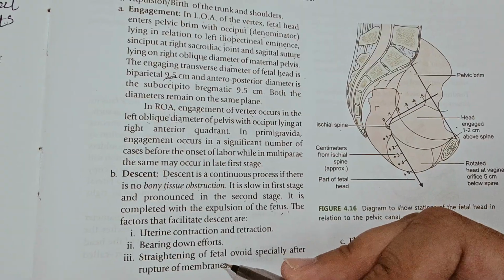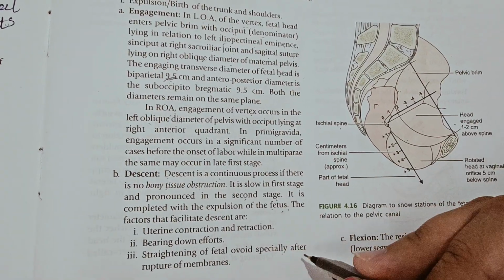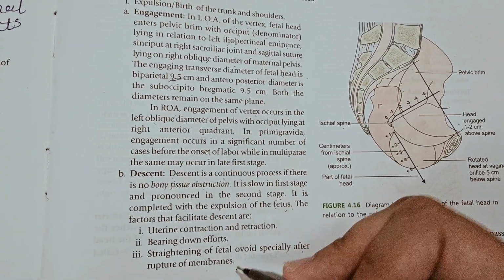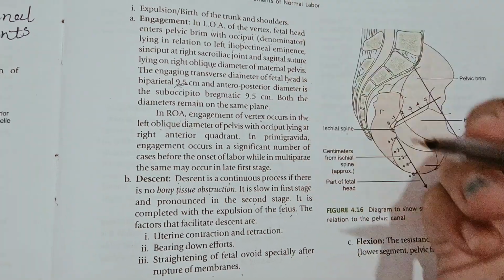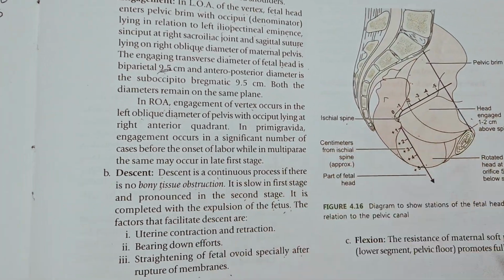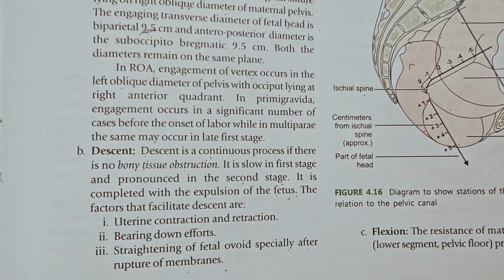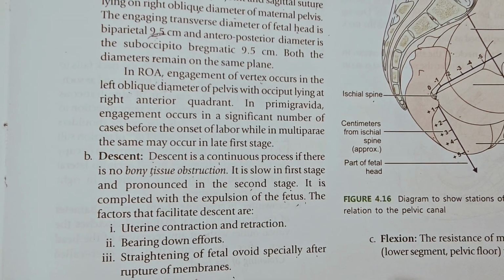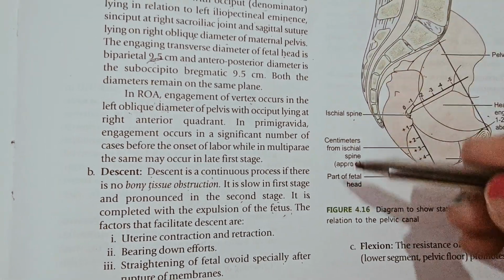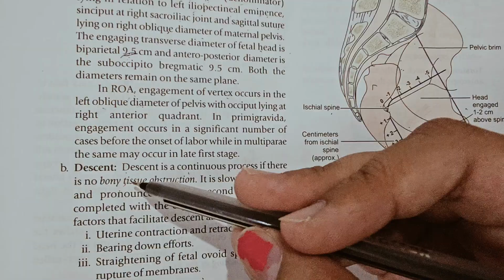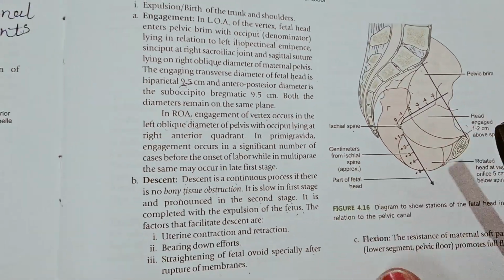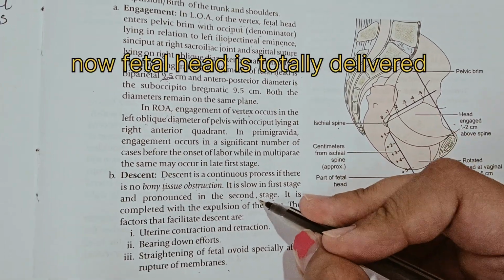And what happens? Specifically after rupture of membranes, the whole birth canal now stretches out. So what is descent? Descent is a continuous process after complete engagement, in which there is no bony tissue obstruction. Now the second stage has completely started.